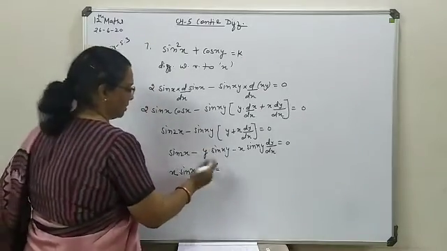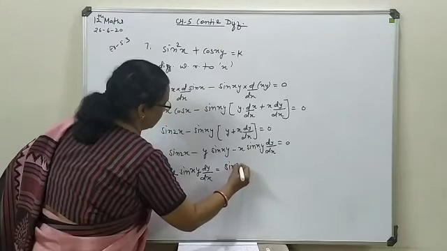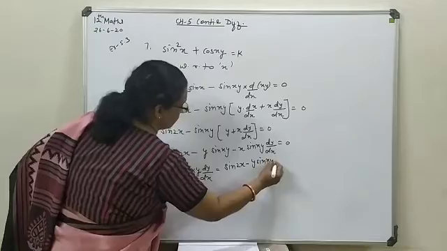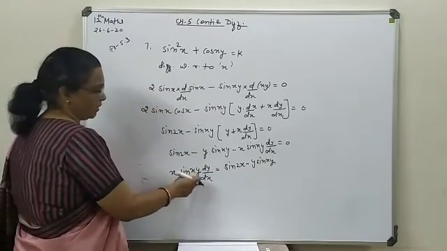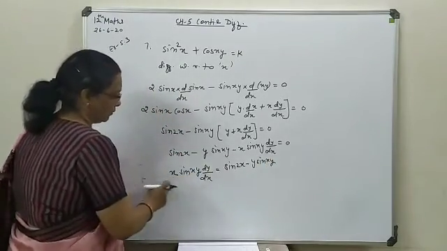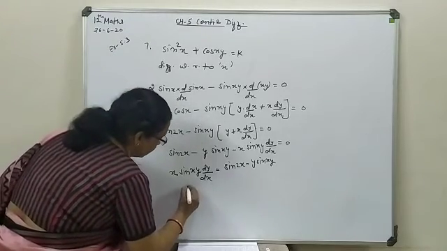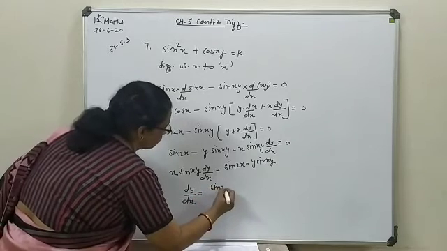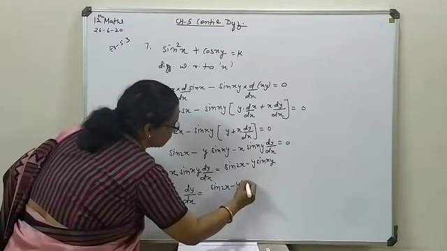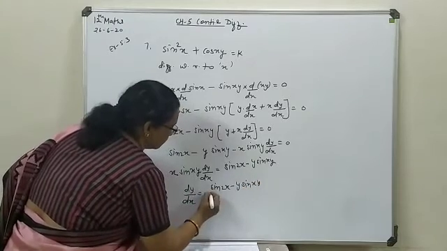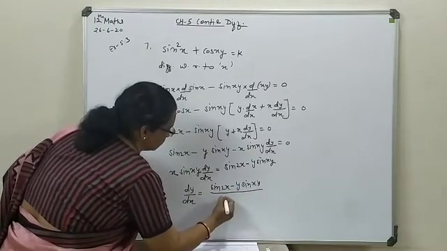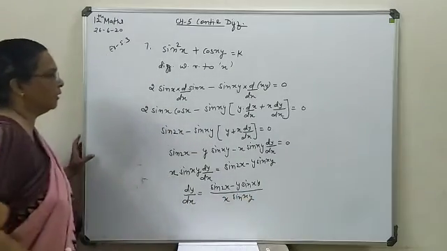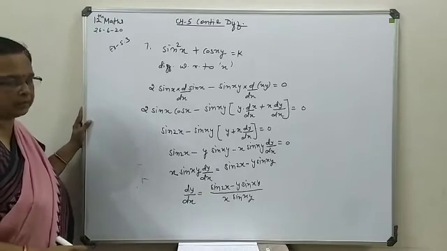This side you keep as such, meaning no change in the sign, only the placement we are changing. Here dy by dx is to be separated out, so you make a division over here. So this way your dy by dx will be separated out.